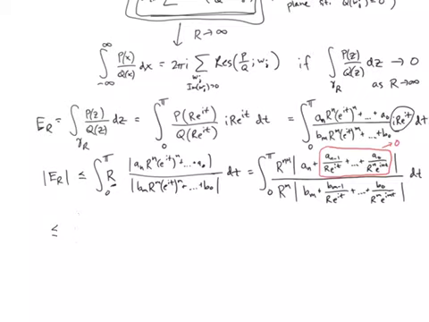So we have r to the n plus 1 minus m, integral 0 to pi. The numerator, we have absolute value of a sum, so that's less than or equal to the sum of the absolute values, absolute value a_n, and then plus all that other stuff. You can make that less than 1 by taking r sufficiently large. And so this is for r large enough.